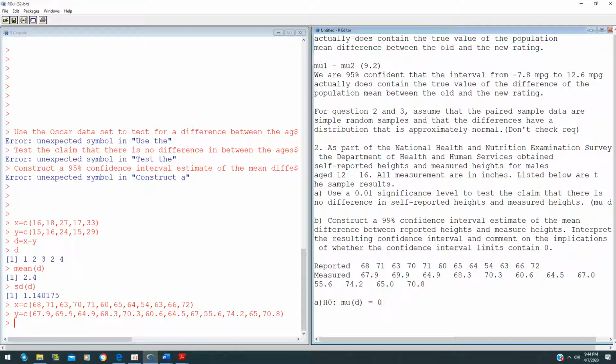And that is the null hypothesis. And you're going to test against the alternative, mu d. Based on your hypothesis test, it said there's no difference. No difference means it's not equal to 0. So for hypothesis testing for this kind of test, you always use 0 in this case.